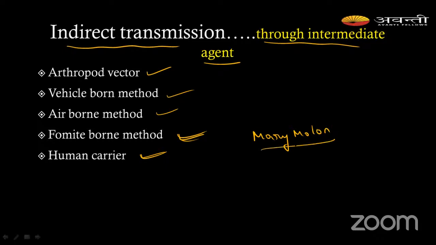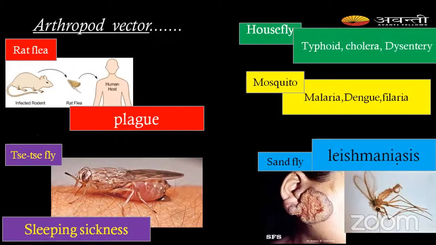After she continuously spread the typhoid disease, later she got the name Typhoid Mary. So she is a human carrier. In the exam, if they ask, you can tell me Typhoid Mary. Fine.